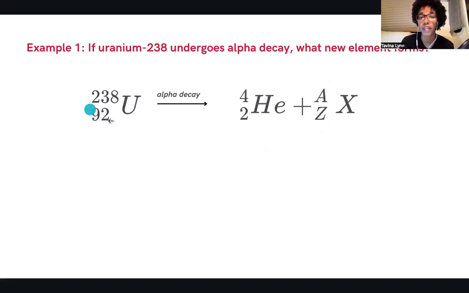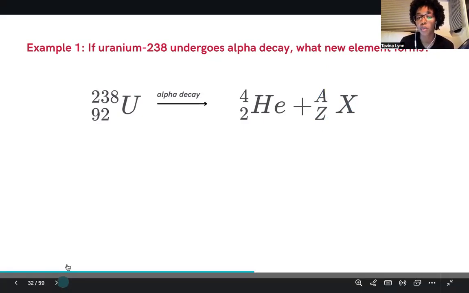Or what did uranium decay into after undergoing alpha decay, right? So what did it decay into? Because remember, it's always going to form a new element. So we're figuring out what is that element.